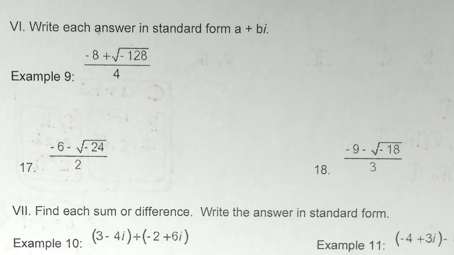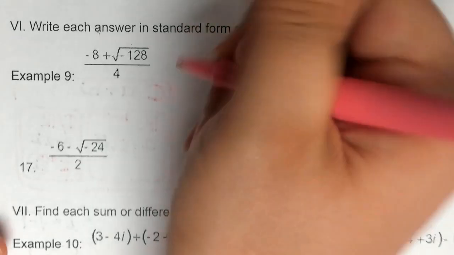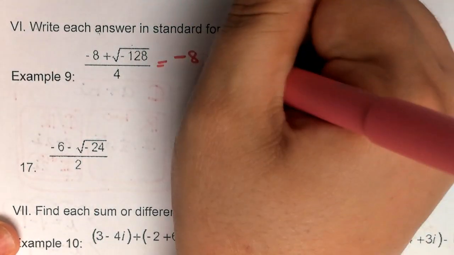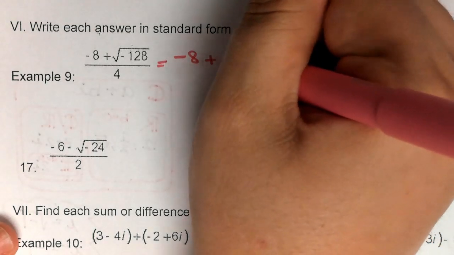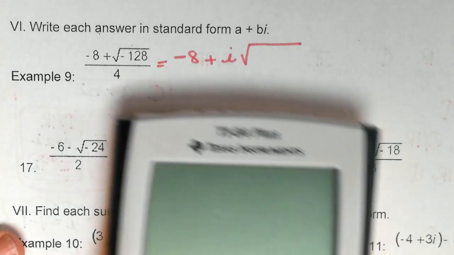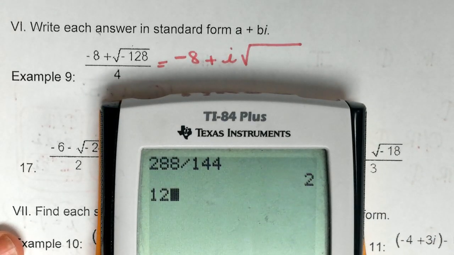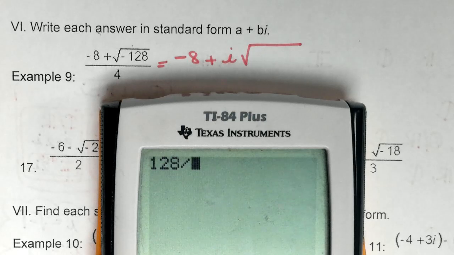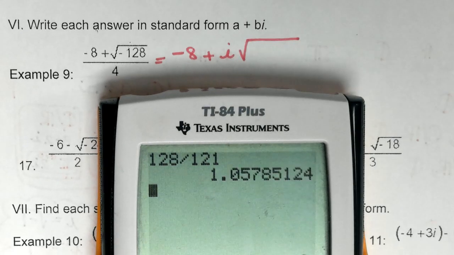Example 9. It says write each answer in standard form a plus bi. Standard form is a plus bi. What am I going to do right here? Simplify. So this is going to be negative 4 plus, what perfect square does 128 divide into? I don't know. Do y'all know what 128 divides into? So I could do 128 divided by 121. No, we know that's not going to happen.